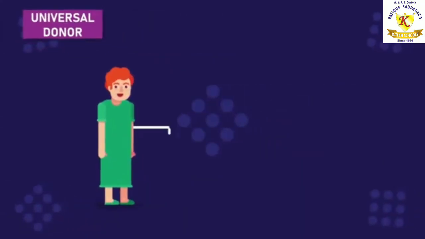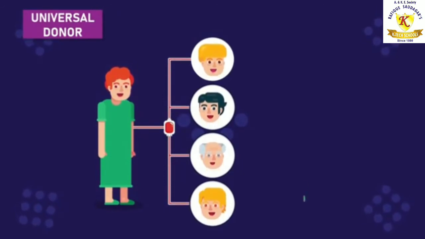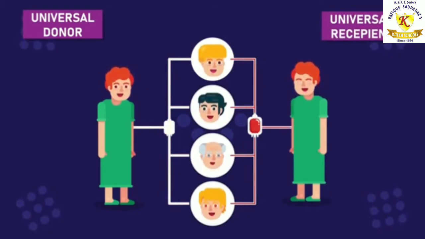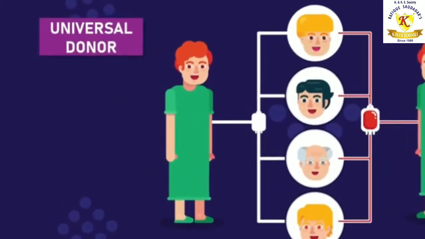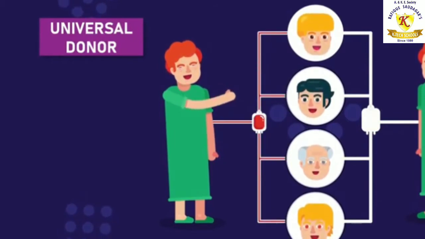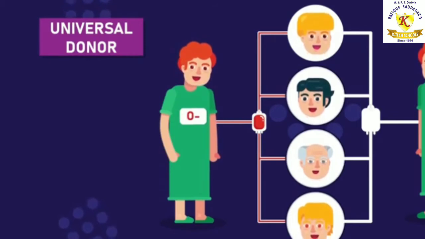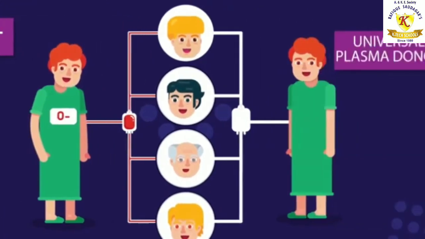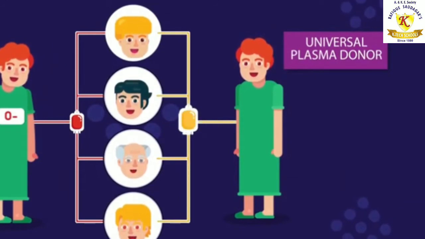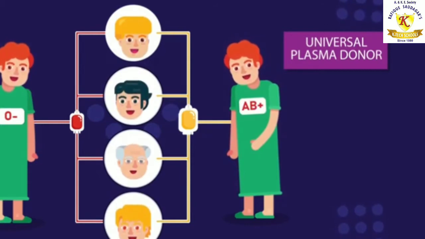Now let's see the universal donor and the universal recipient. The universal red cell donor has O negative blood type, and the universal plasma donor has AB positive blood type.